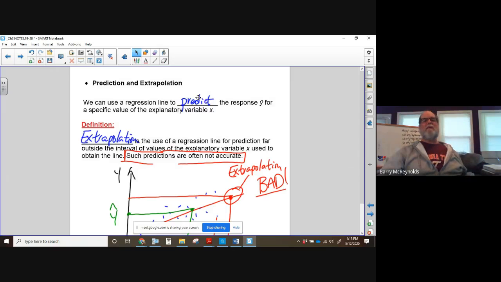So as I said, we can use the regression line to predict values, but there's a limit on our ability to predict.